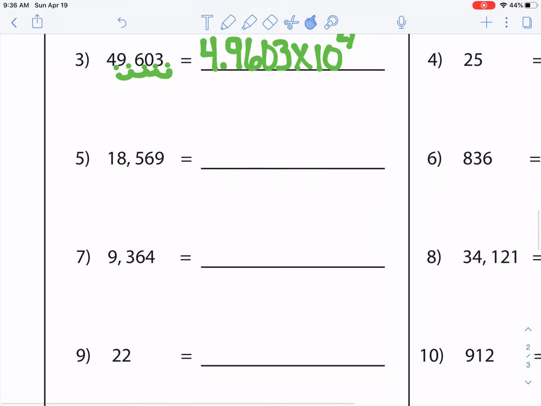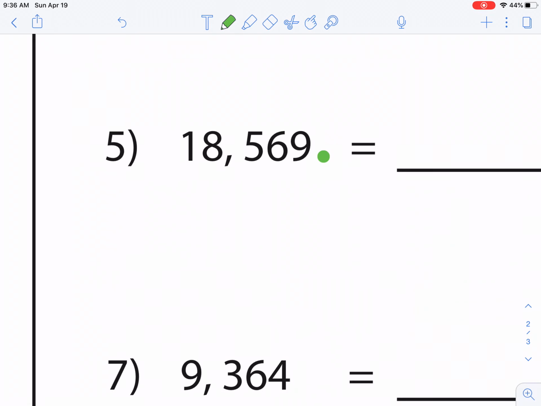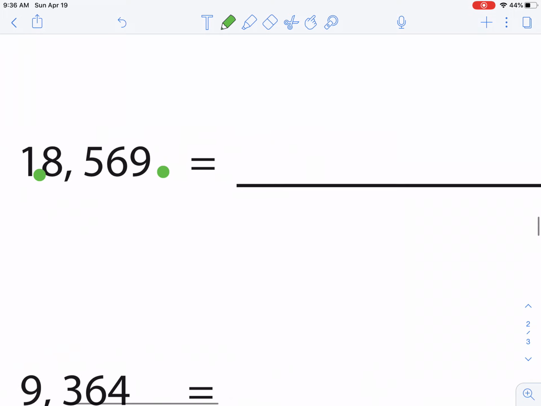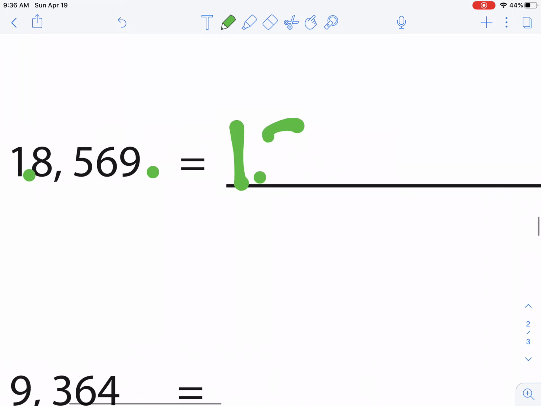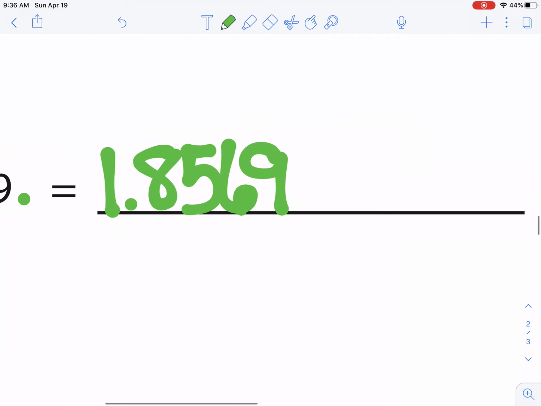Okay, let's look at number 5. My decimal point right now is here. And I'm hoping you're able to look at this and be like, well, it needs to be there. So I have 1.8569 times 10.